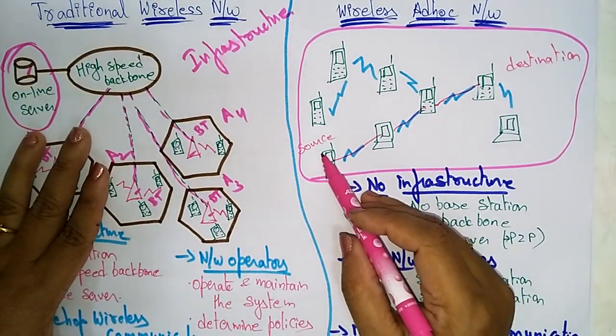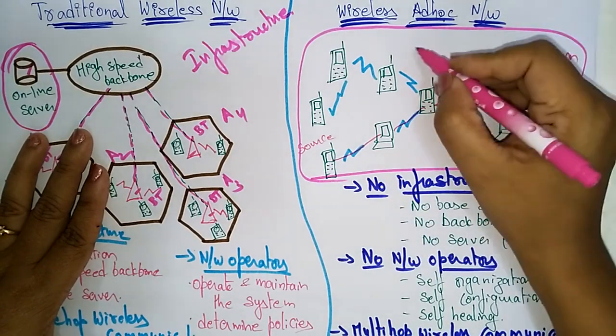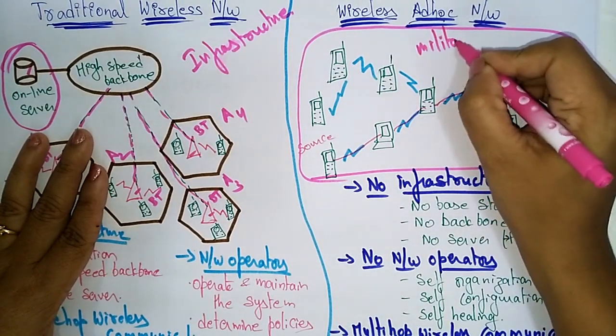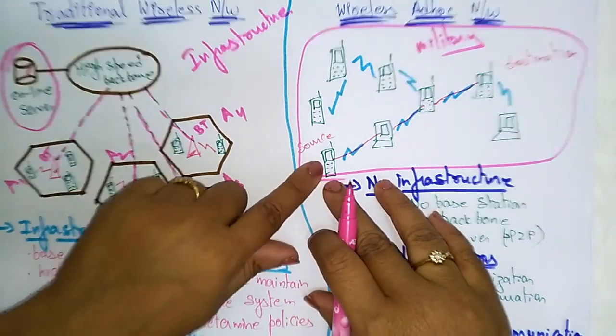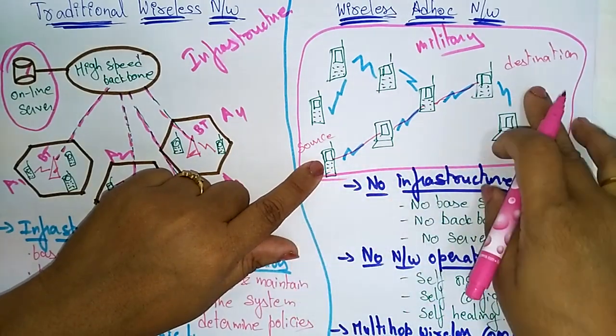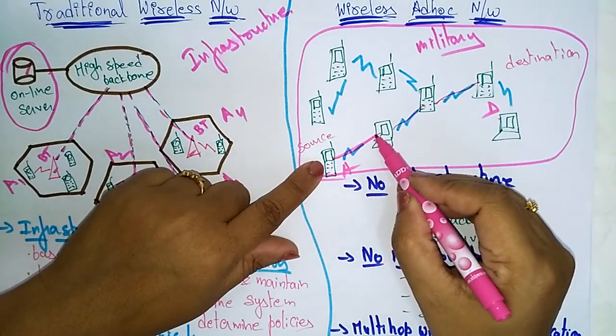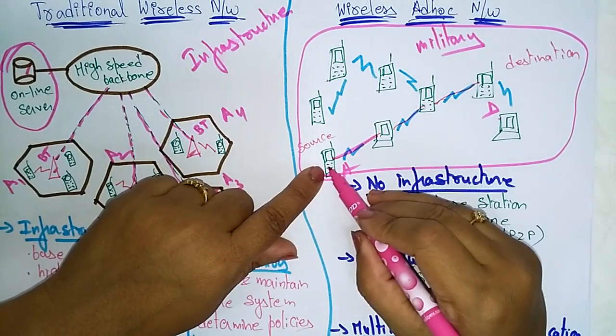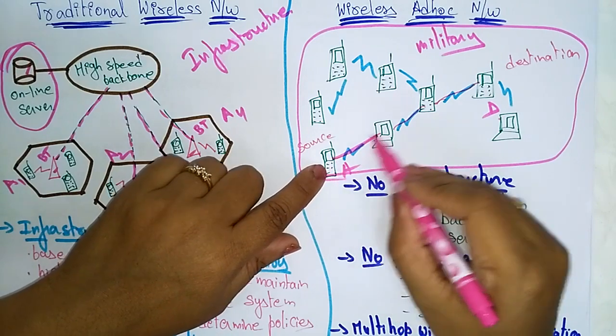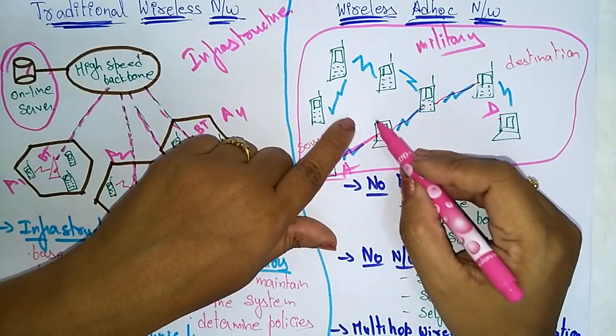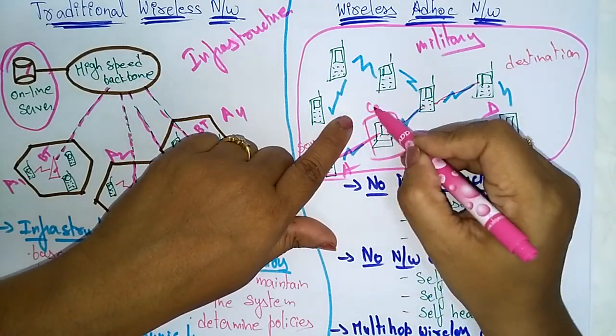Suppose you want to send data from source to destination, and let's take this as a military area. If they want to send information from a source person A to a destination person D, first it goes to this person's mobile phone. With the help of the mobile phone, the data is transmitted to a laptop.